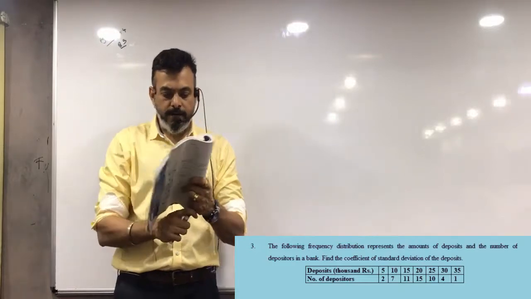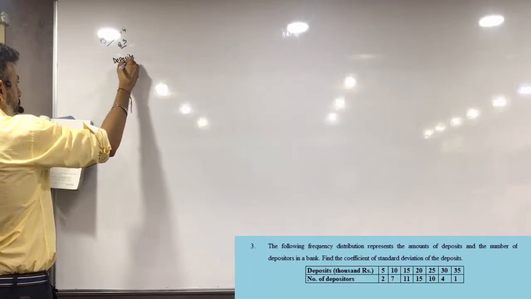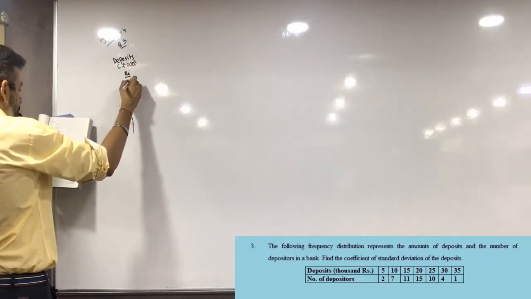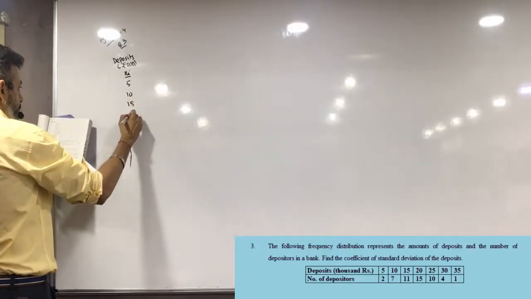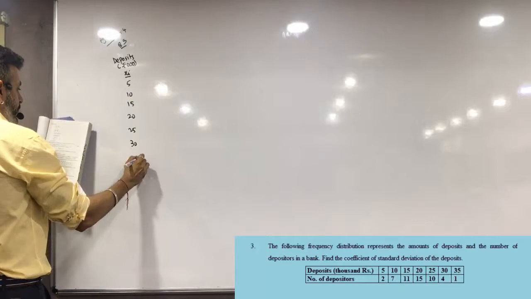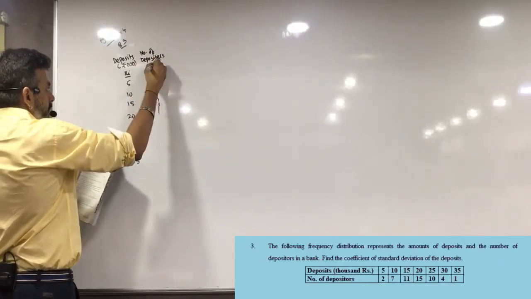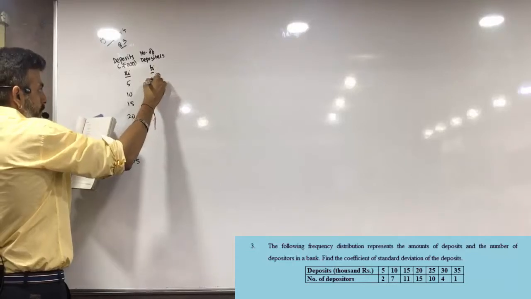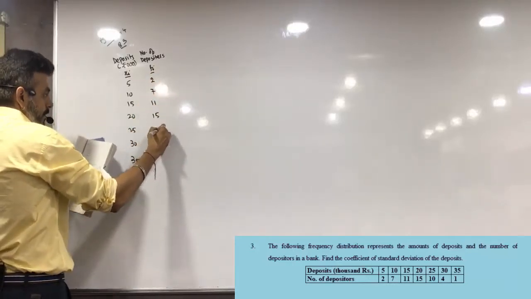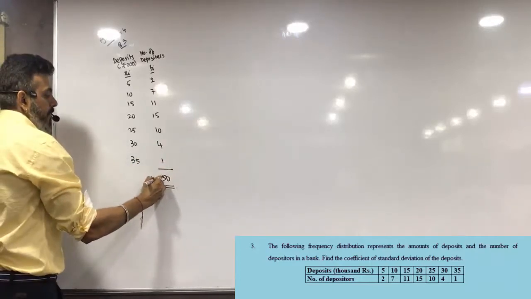So let's write deposits, which is in 1000 rupees, xi: 5, 10, 15, 20, 25, 30, 35. Number of depositors fi: 2, 7, 11, 15, 10, 4 and 1. N is equal to 50.